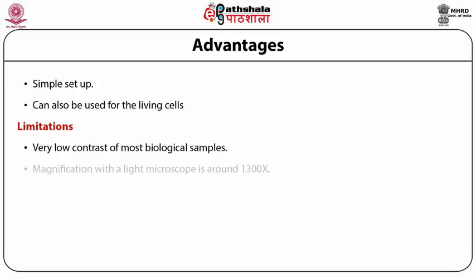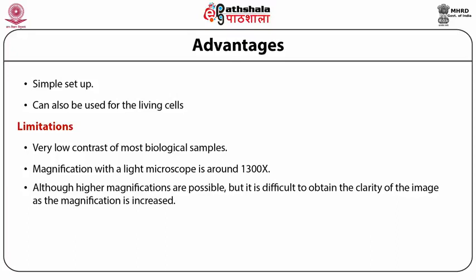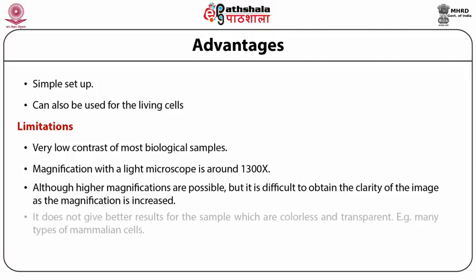Second, the magnification with the light microscope is around 1300x. Although higher magnifications are possible, it is difficult to obtain the clarity of the image as the magnification is increased.